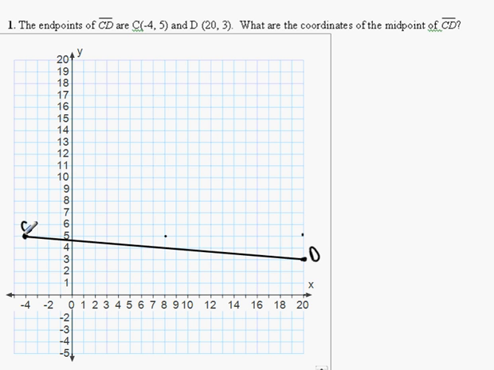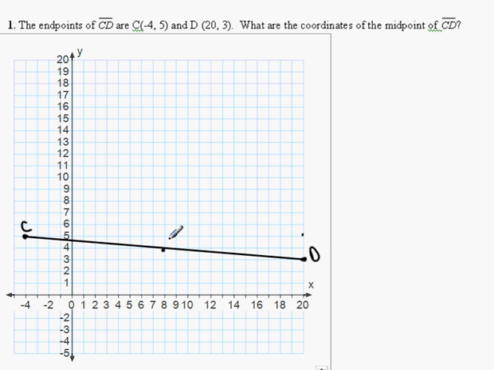So since it goes over 24 spaces, down 2 spaces, I'm going to go over half of that and go down half of that. So over 12, down 1. And I get the same thing. 8, negative 4 for the midpoint.